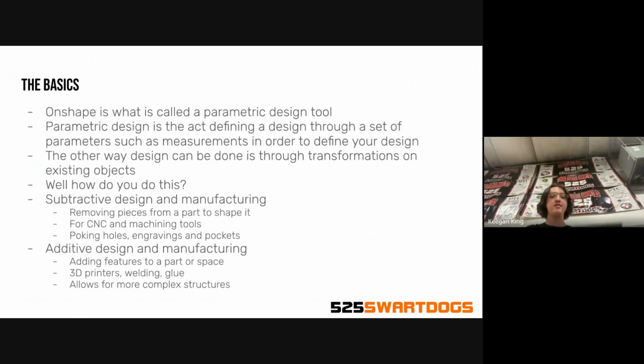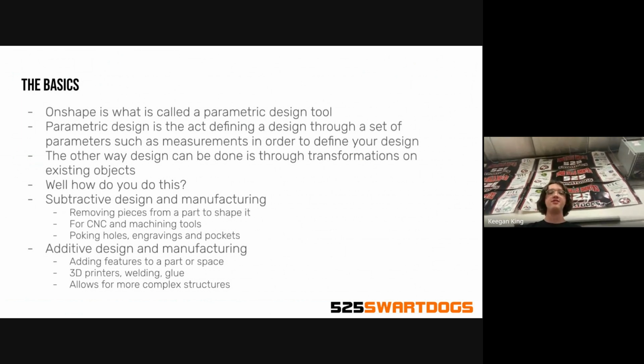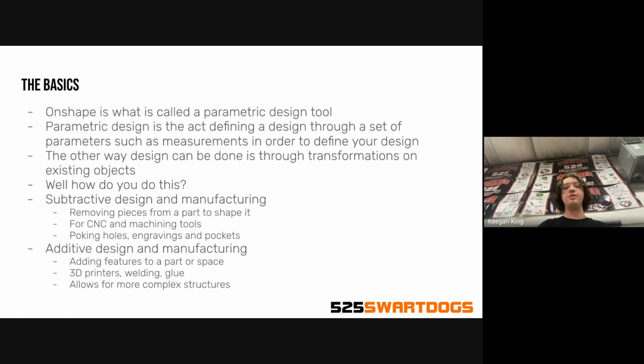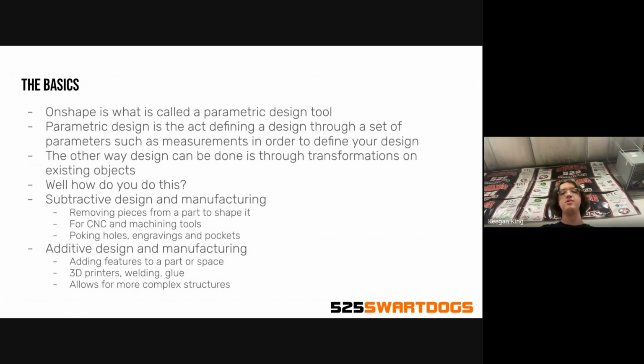Some other ways that you can do this is transformations. That's what you have on Blender, if any of you are familiar with that. That's what a lot of people use for animation. But for manufacturing, typically people use parametric design tools like SolidWorks or OnShape.